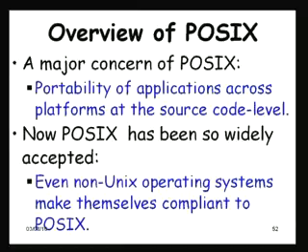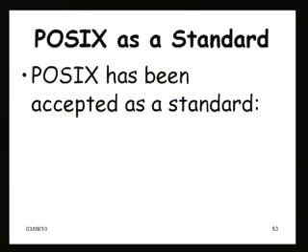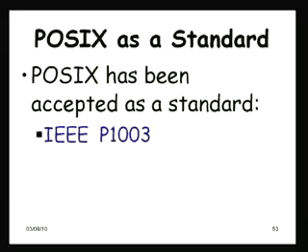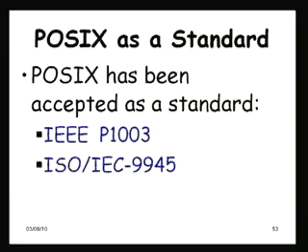They want their applications running across different platforms, so they would use those platforms and ignore those which are not POSIX compliant. POSIX is now an IEEE and ISO standard, the IEEE 1003 and ISO IEC 9945 standard.